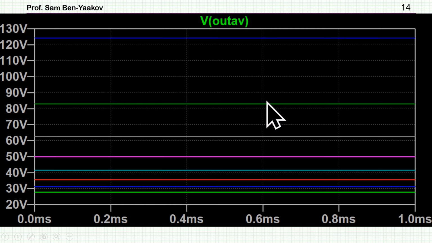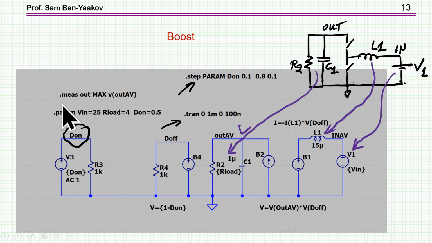Okay, so now this is the simulation. I see the values for different duty cycle going up with the duty cycle. And then I'm using the measure function available in LTspice, which is sort of summarizing the parameter sweep and giving out the output as a function of the swept parameters.